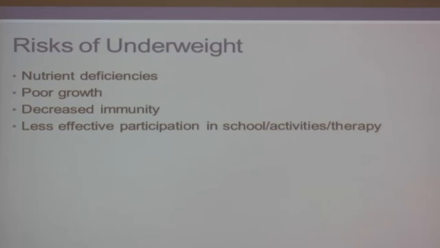We can see poor growth when kids are underweight, whether it's in stature or physical weight. And as I mentioned before, decreased immunity. And then also, when we're not nourished properly, we can have less effective participation in school, other activities, and therapies as well.